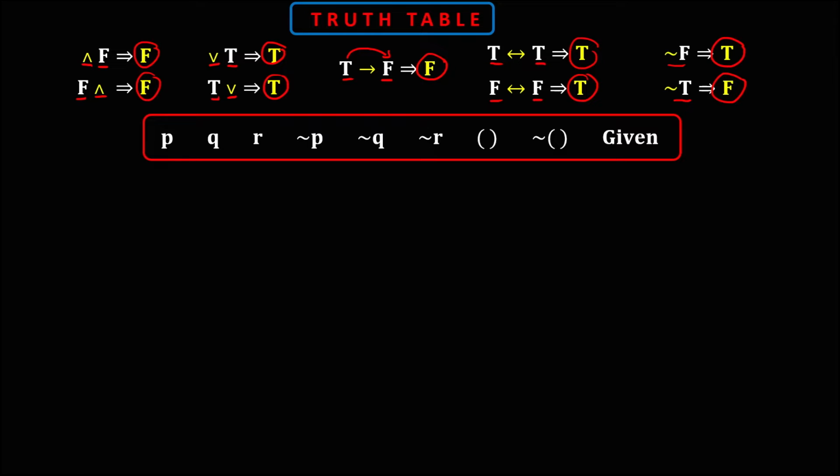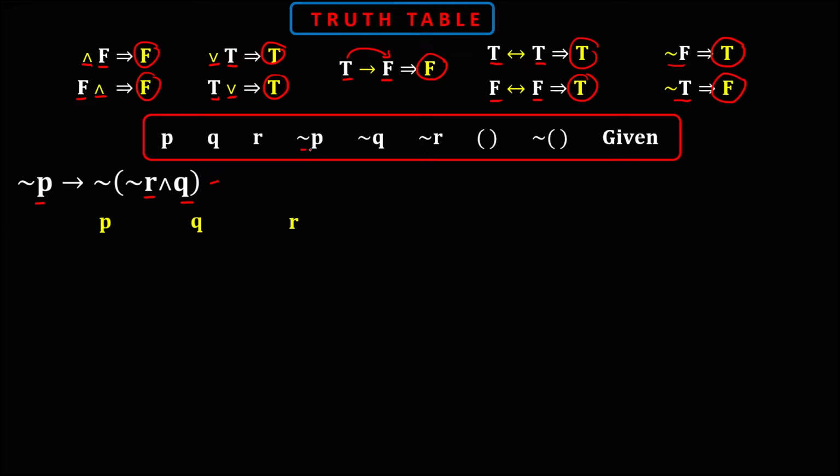So if we have this given and we want to construct a truth table, observe that from this given, there are three variables, P, Q, R. So always start your table with the given variables P, Q, R, then followed by the negation of the variables.